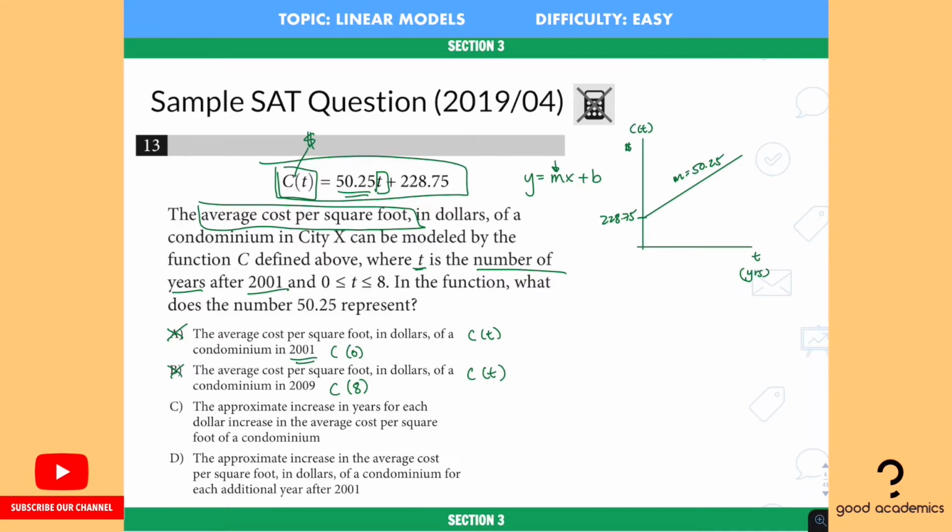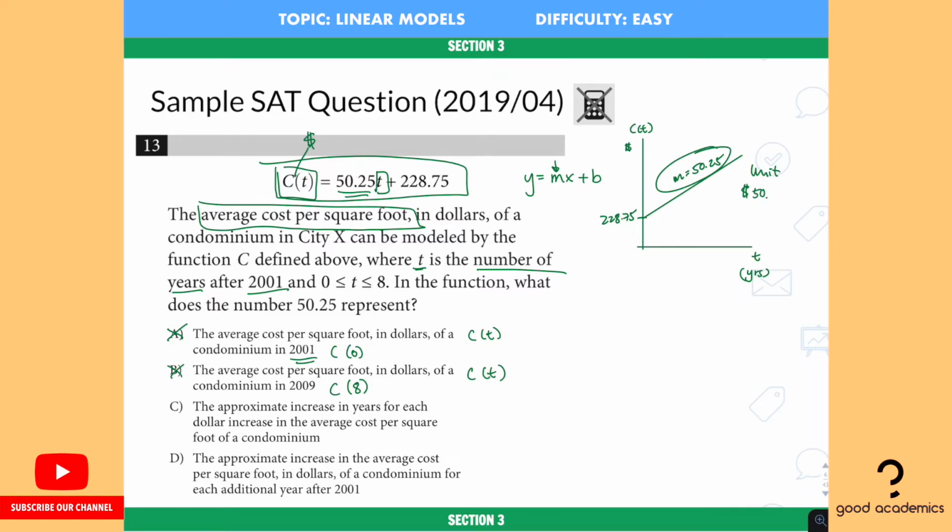And choice C says the approximate increase in years for each dollar increase in the average cost per square foot of a condominium. Now, if you can come up with the unit of this 50.25, which is the change of y over the change of x, you can see that the unit is going to be some kind of dollars. Well, actually, we know the number.